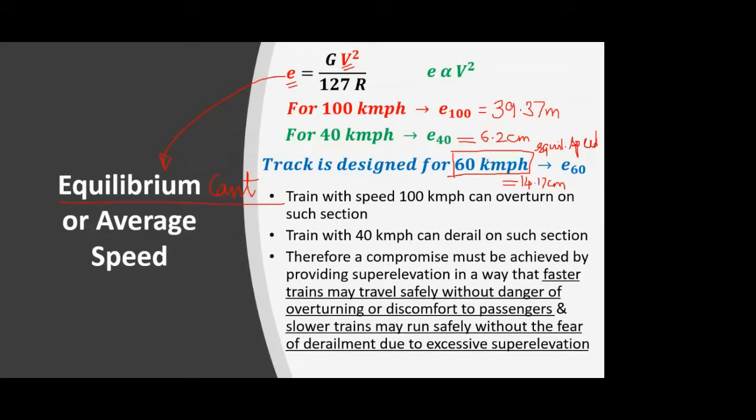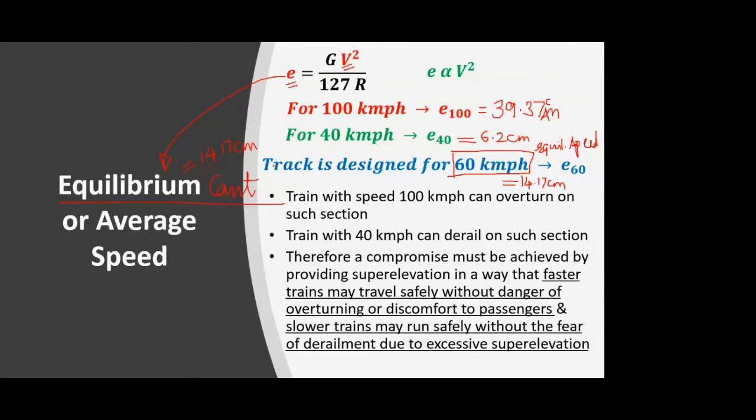So I'll use this to find out the superelevation, and my equilibrium Cant has come out to be 14.17 centimeters. So this is the superelevation that I will be providing to my track. But if a high speed train, a Shatabdi, is using this track, the superelevation it needs is 39 centimeters.